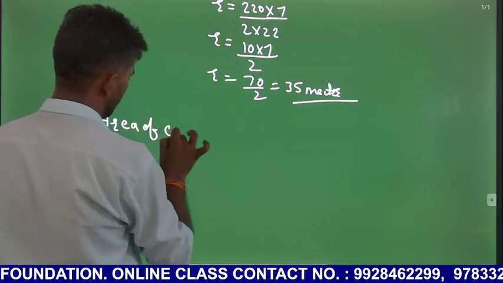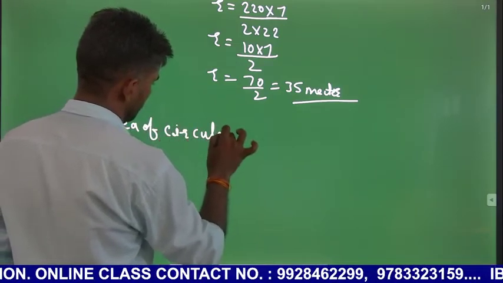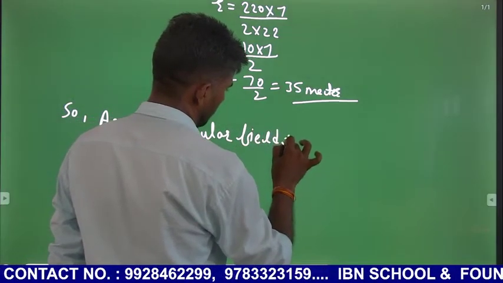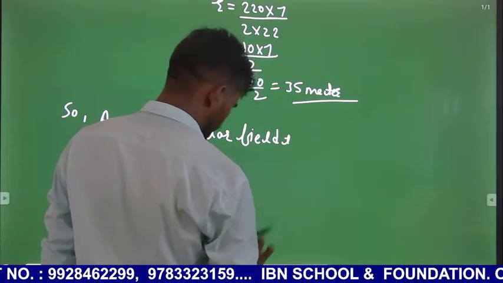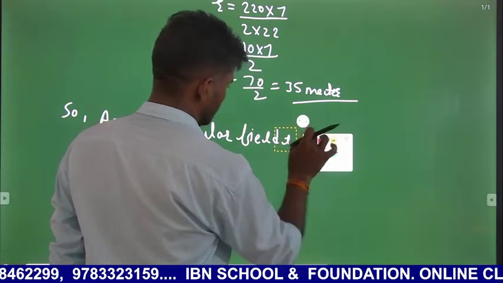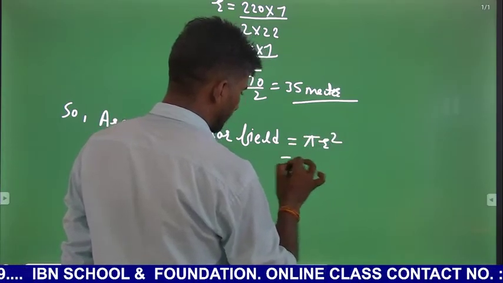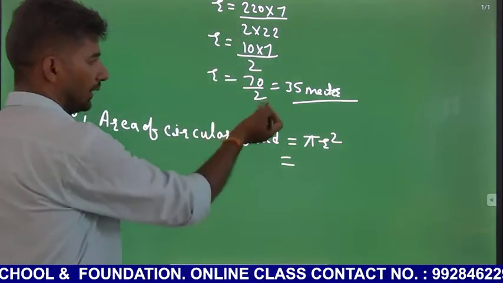Area of a circular field is equal to pi r square, and the r value is 35.